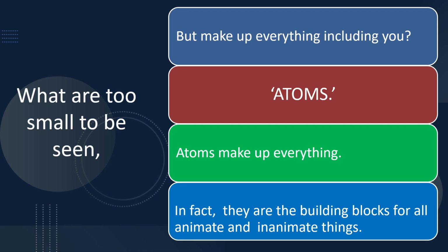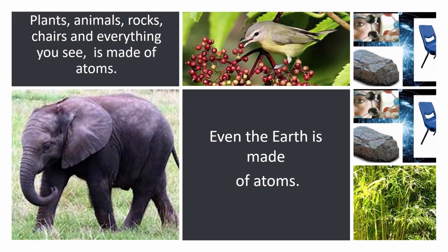What are too small to be seen but make up everything, including you? The answer is atoms. Atoms make up everything. In fact, they are the building blocks for all animate and inanimate things. Plants, animals, rocks, chairs, and everything you see is made of atoms.